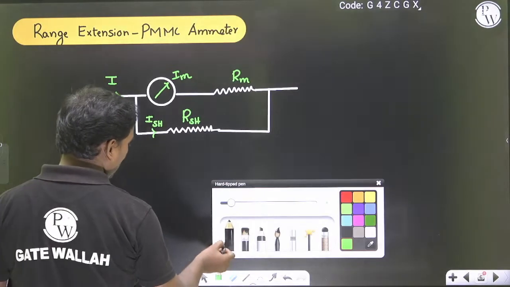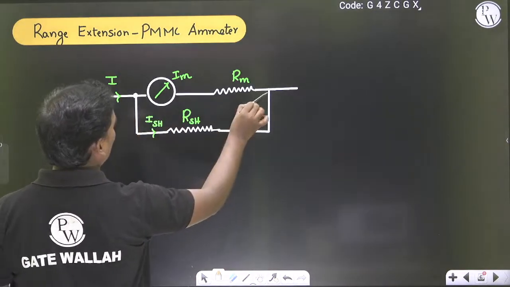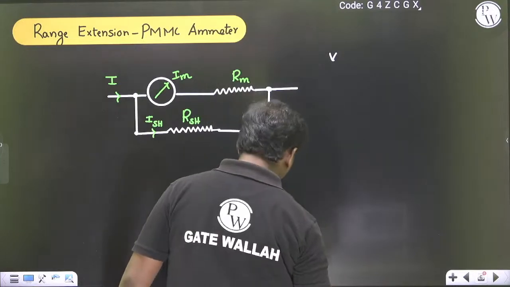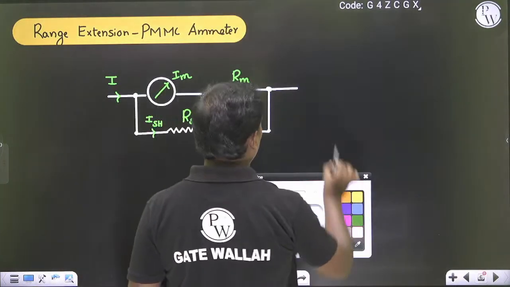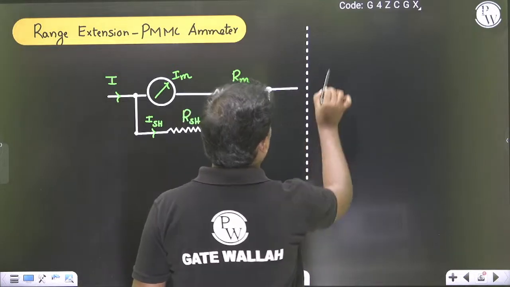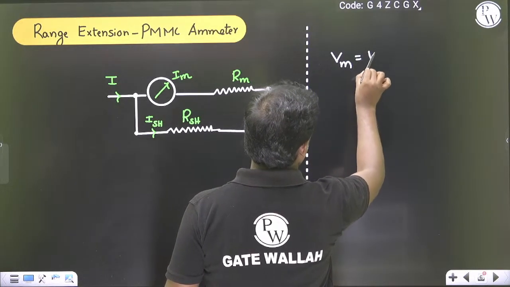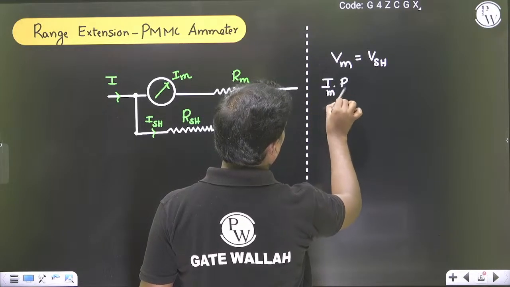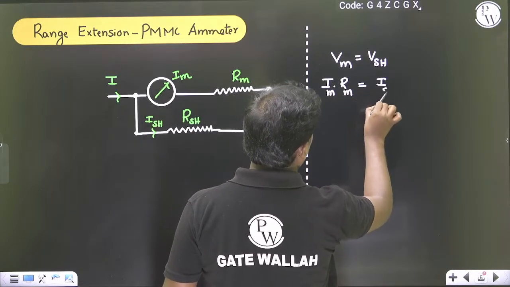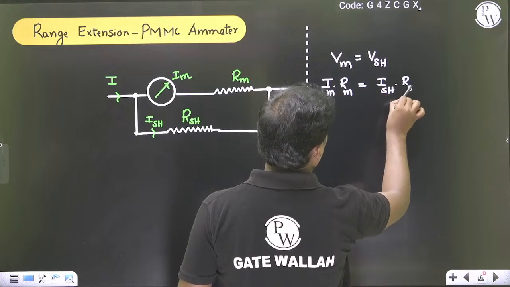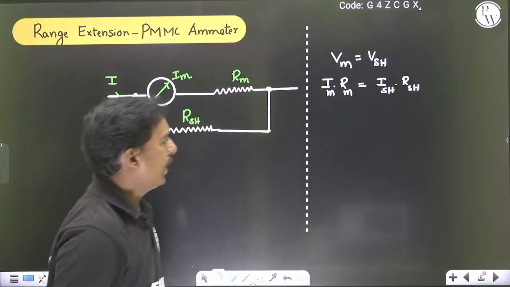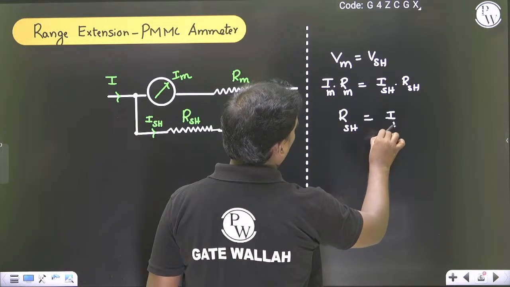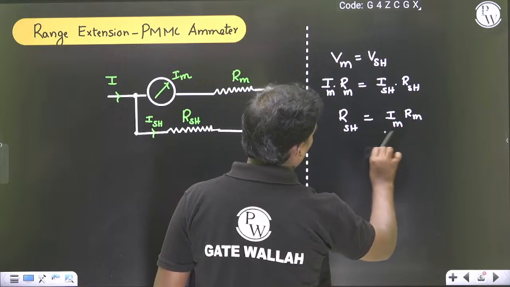Here this is a parallel combination, so I can write VM is equal to VSH. VM is IM into RM and VSH is ISH into RSH. So the shunt resistance RSH is IM RM by ISH.